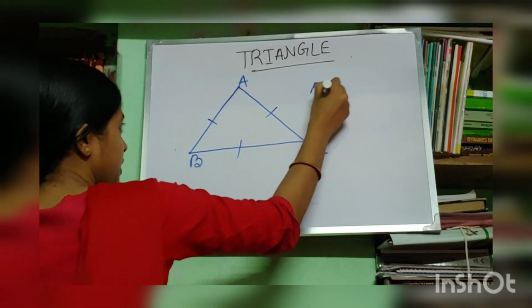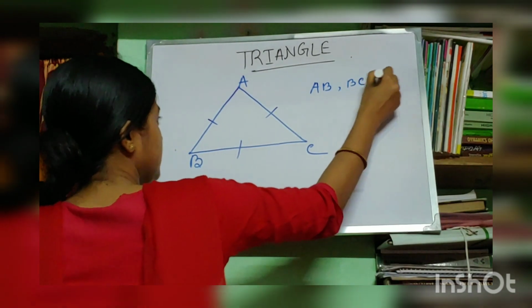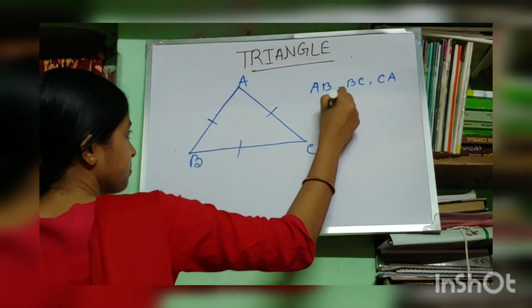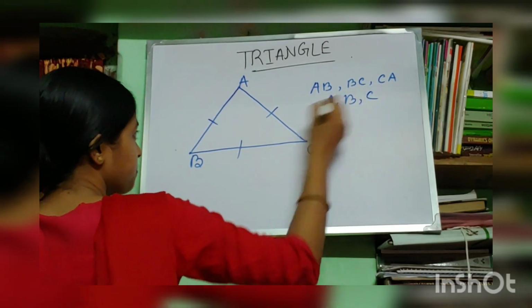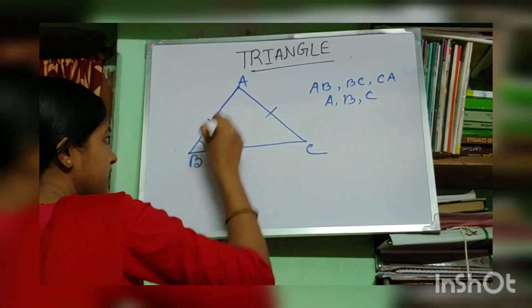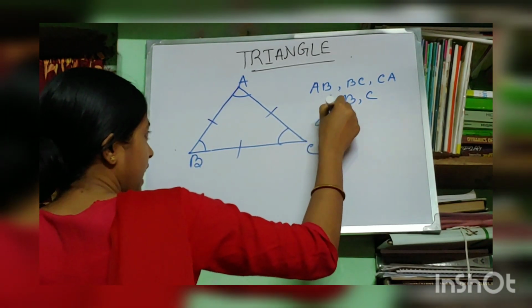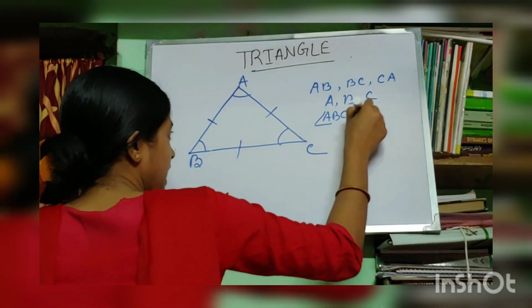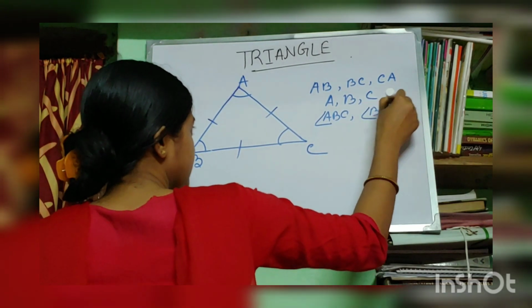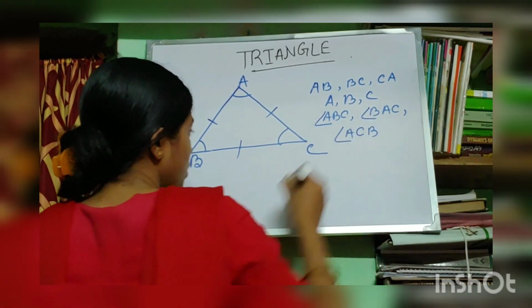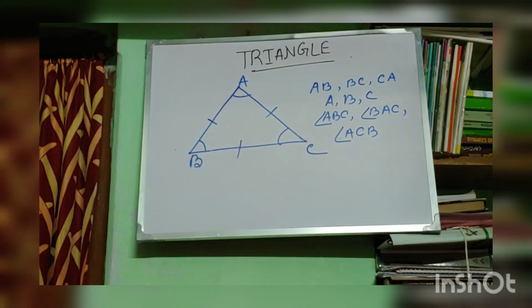AB, BC, CA. How many angles? Vertices ABC. How many angles? 3. Angle ABC, angle BAC, angle ACB. So I hope up to this you all know.